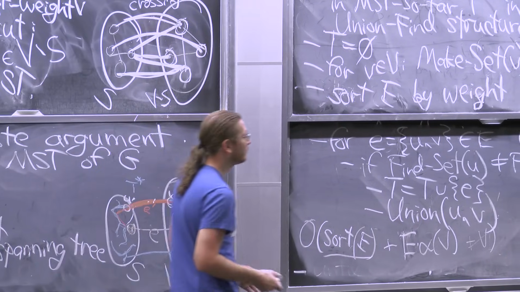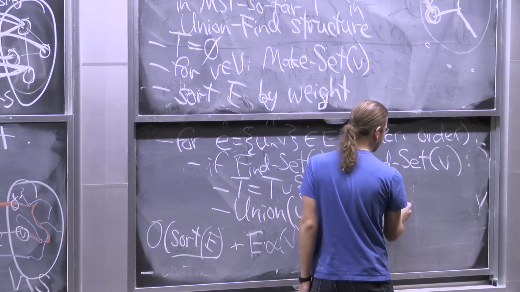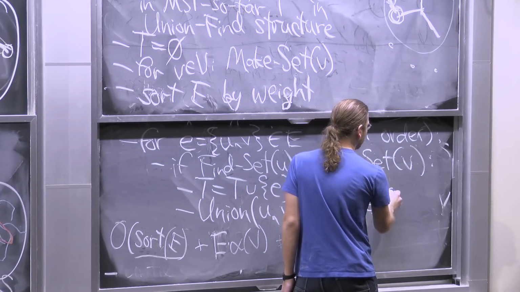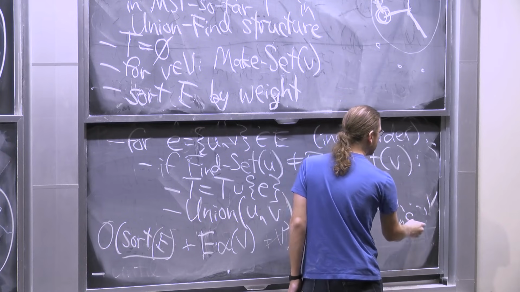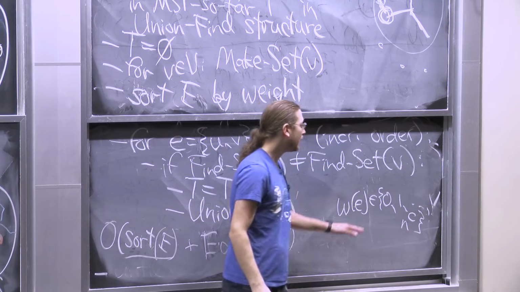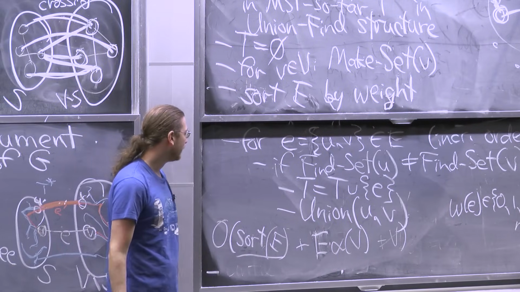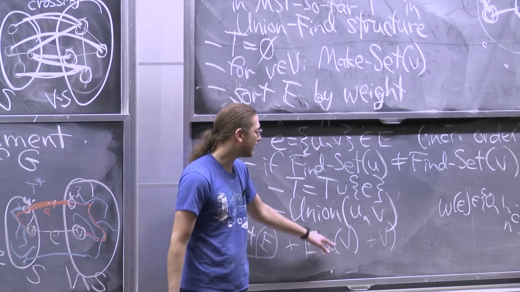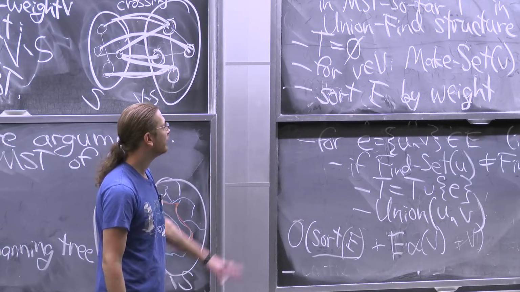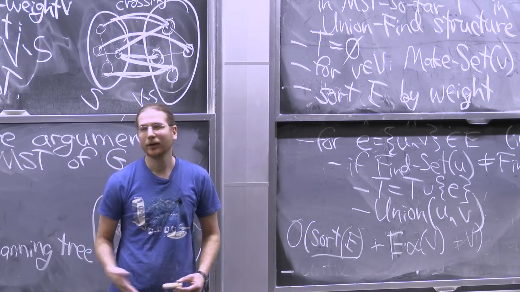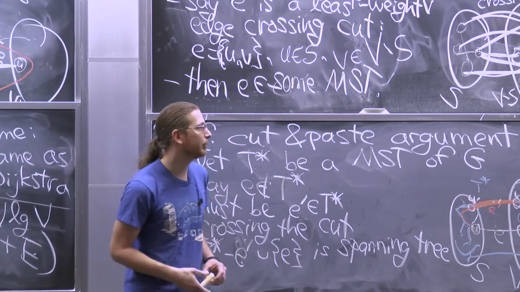If you have weights, let's say weight of E is 0 or 1 or let's say n to the c for some constant c, then I can use radix sort, linear time sorting. And then this will be linear time, and I'm only paying E times alpha. So if you have reasonably small weights, Kruskal's algorithm is better. Otherwise, I guess you prefer Prim's algorithm.